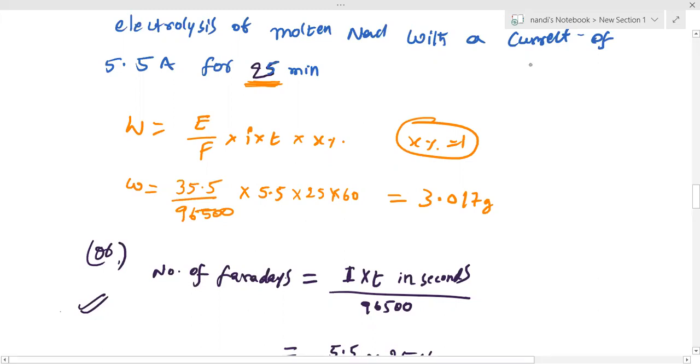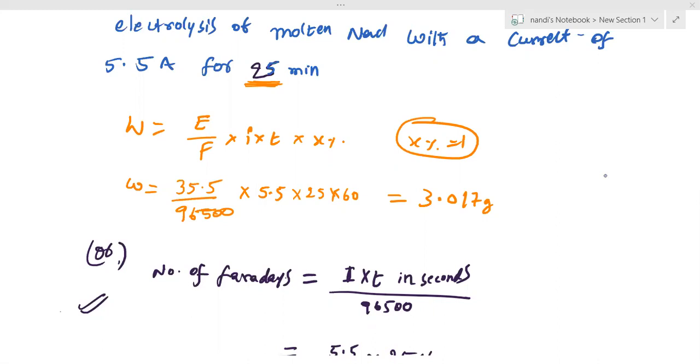See, this is the first law of Faraday. W equal to E by F into I into T into X%. Did we talk about anything in this question? Efficiency means that it is equal to 1. So finally, the equivalent weight of Cl2, sir. Already you know that equivalent weight of Cl2 is equal to gram molecular mass by n factor, which is 2 for Cl2. Nothing but 71 by 2, 35.5 is the equivalent weight.